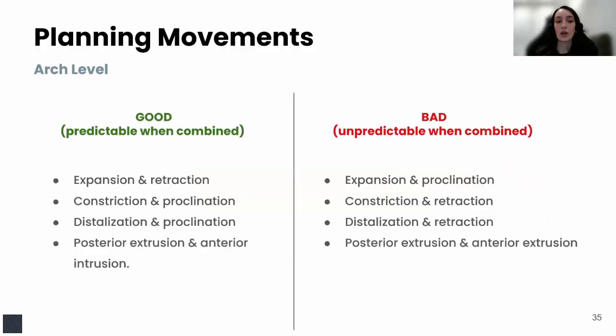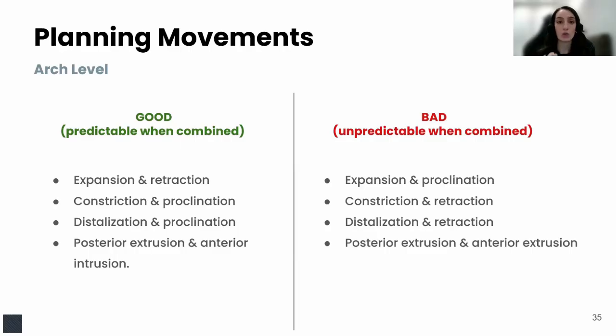Generally speaking, if I want to talk about movements that are good when combined together on an arch level, I would say that expansion and retraction should be planned together because, whenever I expand the posterior segment, there will be some sort of retraction as a counteractive force. And whenever I constrict my posterior segment, there will be proclination.